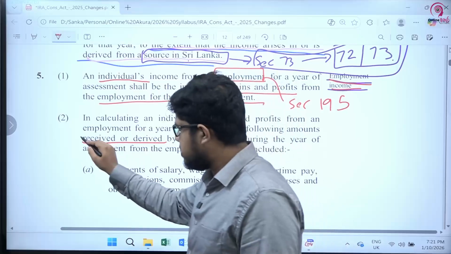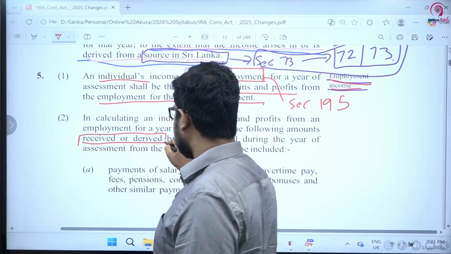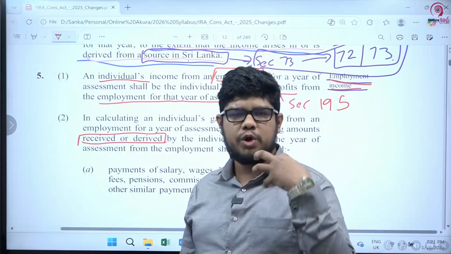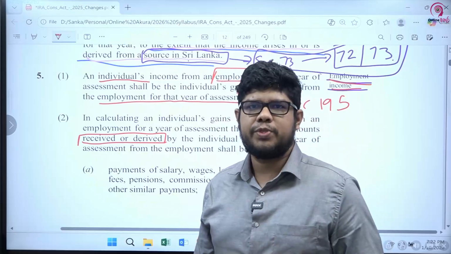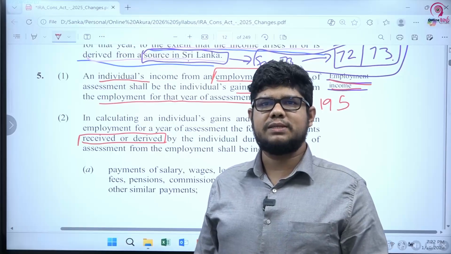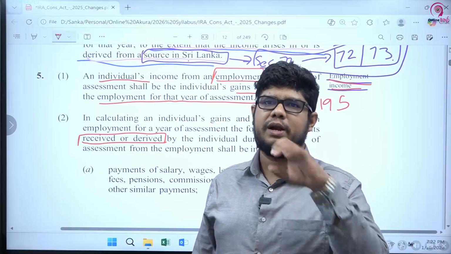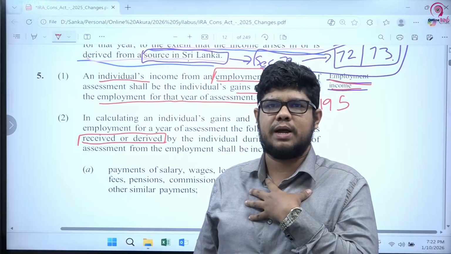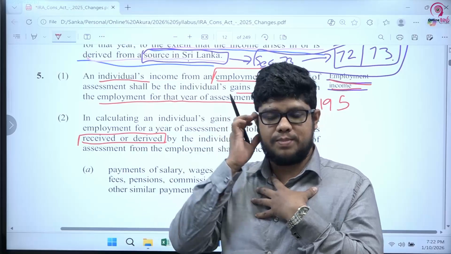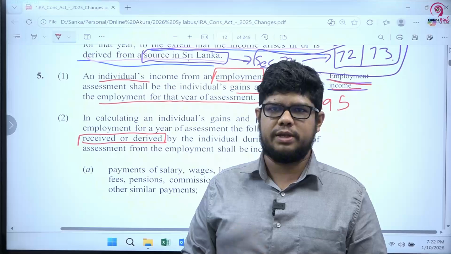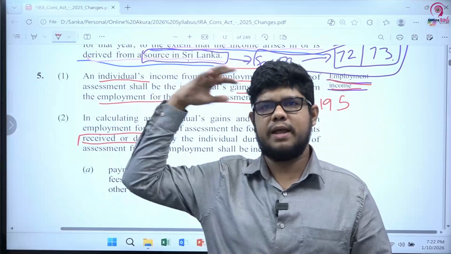So these words, received and derived, are very important. If you haven't received the income or derived it, you cannot tax it. Notional gains: let's say the company says you will be provided with a bonus. Now you are thinking that you will be receiving a bonus. Maybe they pass a board resolution saying you are receiving bonuses next year.